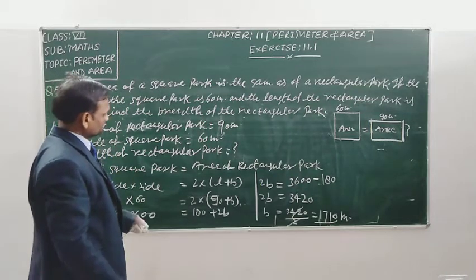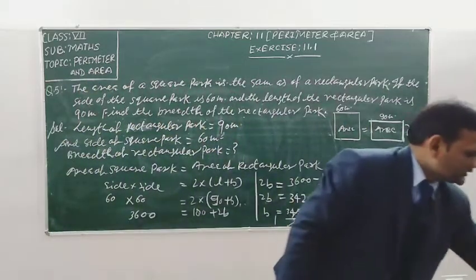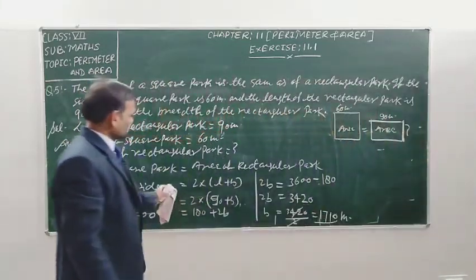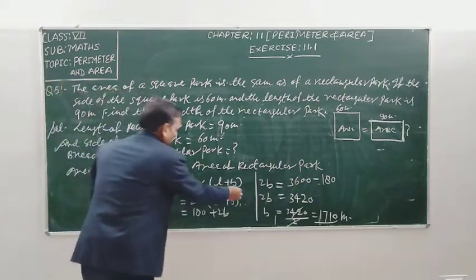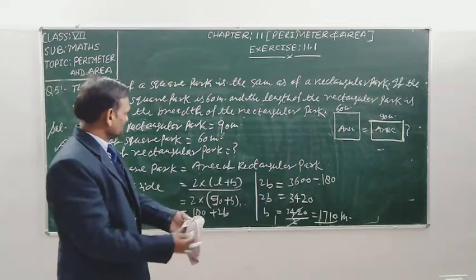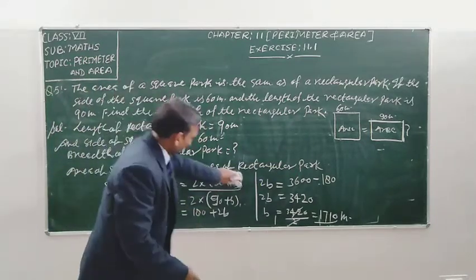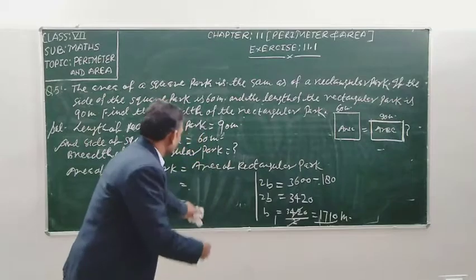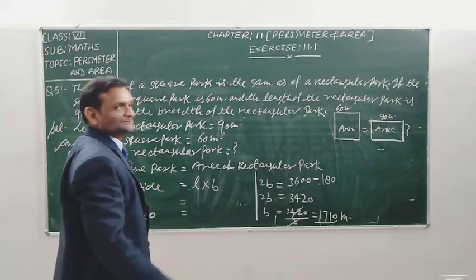Sorry student, this is wrong because we are using the wrong formula here by mistake. Area of the rectangular park is length into breadth, you know.